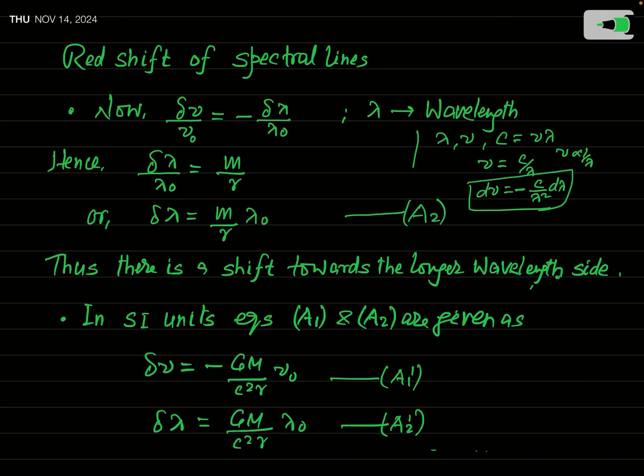Therefore, delta nu, which is change in frequency, and nu naught, which is actual frequency, will correspond to a change in wavelength with a negative sign. So you can say that delta nu by nu naught is equal to minus delta lambda by lambda naught.